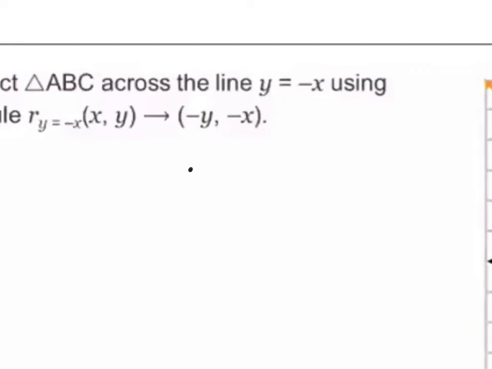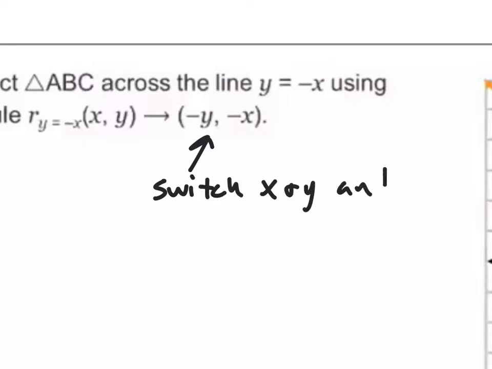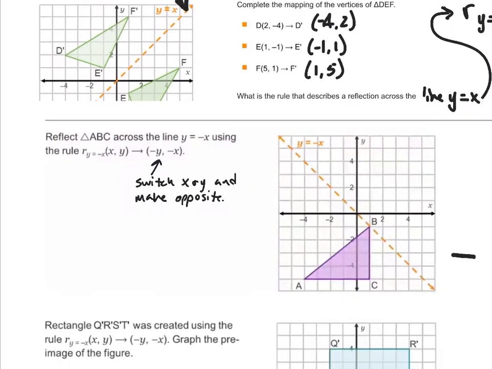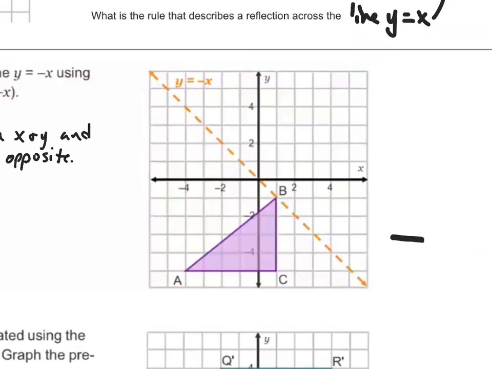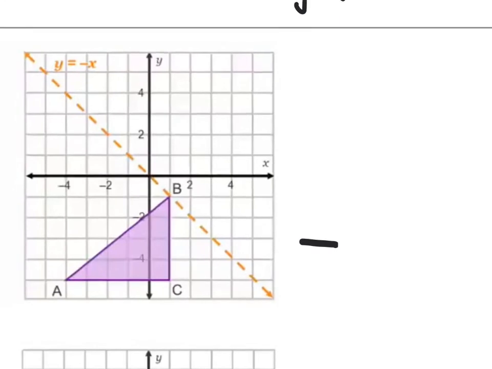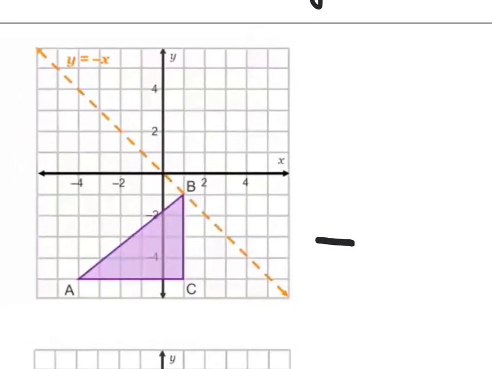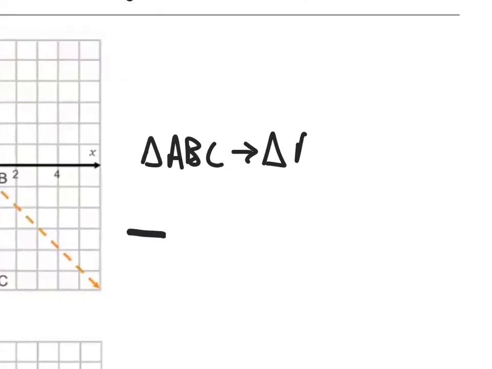That this means we're going to switch x and y and make them opposite. All right, so now let's take a look. If I were to do say triangle ABC, okay, and if I write this out here, triangle ABC is going to get mapped to triangle A prime, B prime, and C prime.